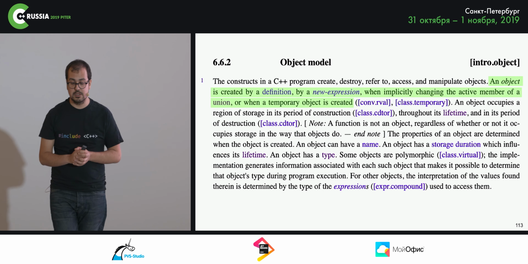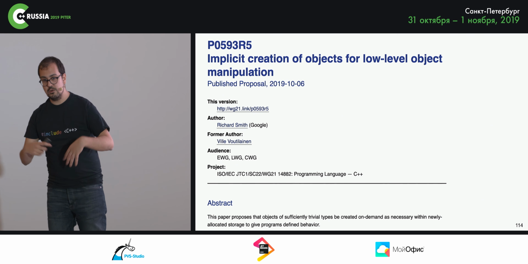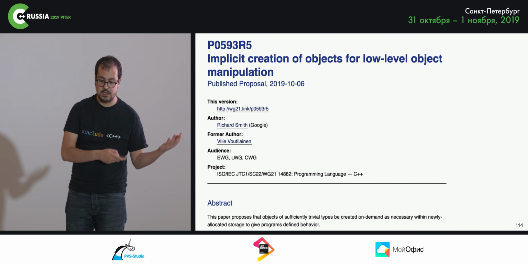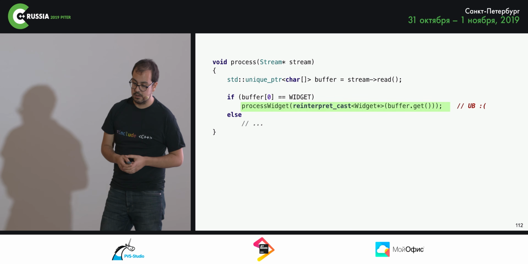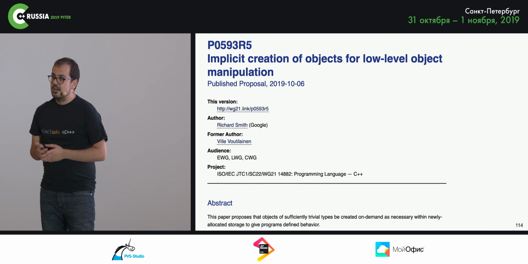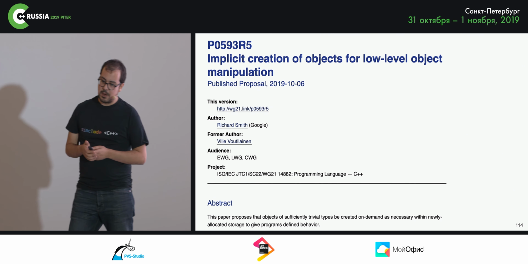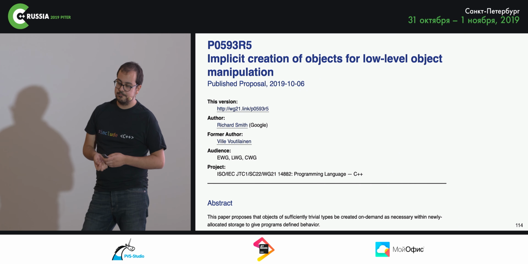But there is a new paper in the pipeline by Richard Smith, P0593, which relaxes these rules so that we can make this code not UB, okay? It's a bit of a sad story, because this paper was pretty much ready at the last meeting in July in Cologne.